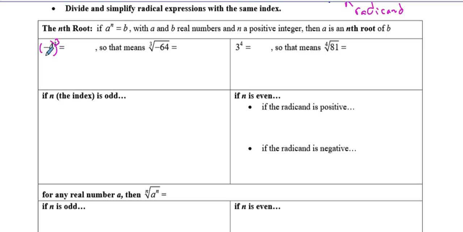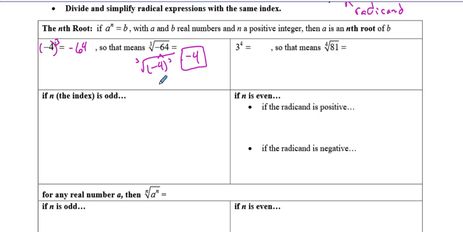So we're talking about negative 4 raised to the third power, which would give me negative 64. All right, because a negative times a negative times a negative would be a negative number. So understanding that would allow me to switch this negative 64 into negative 4 to the third power. So when I'm taking the third root of negative 4 to the third power, I will end up with negative 4.